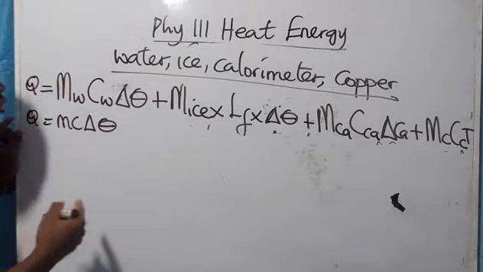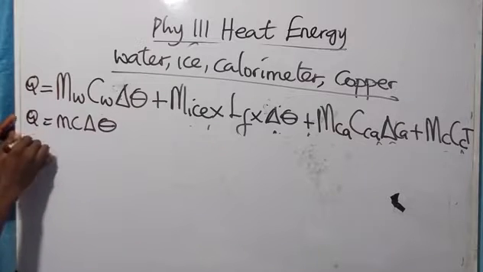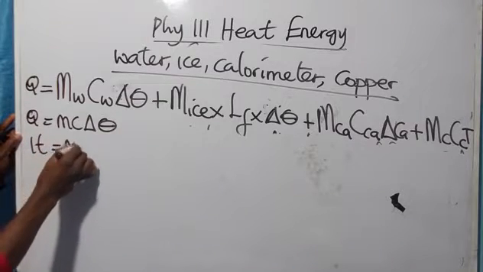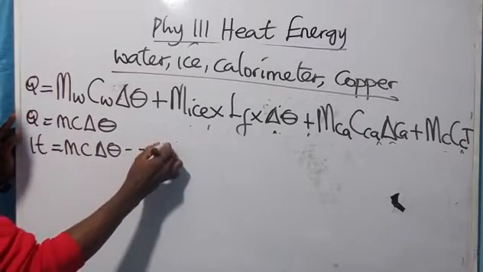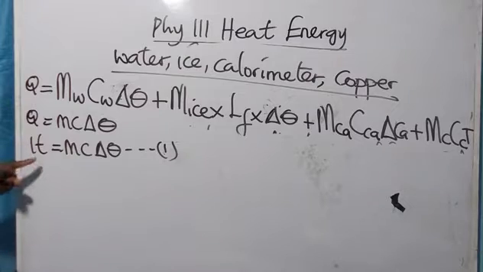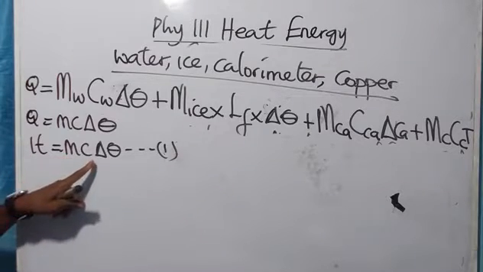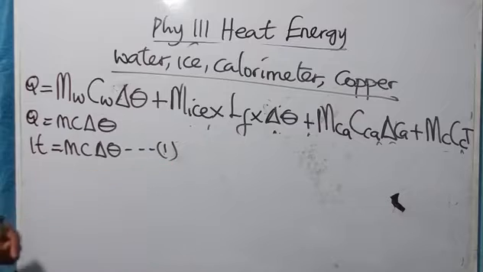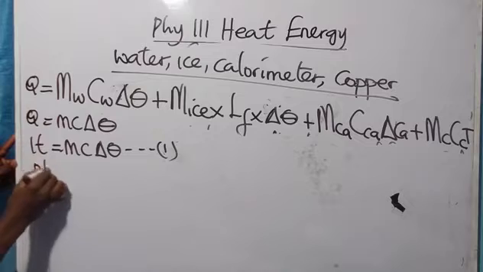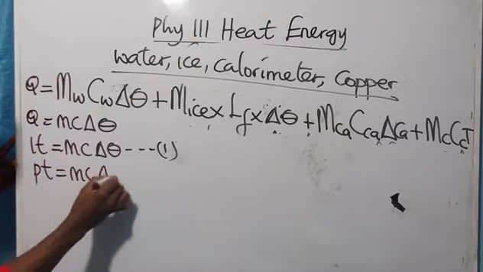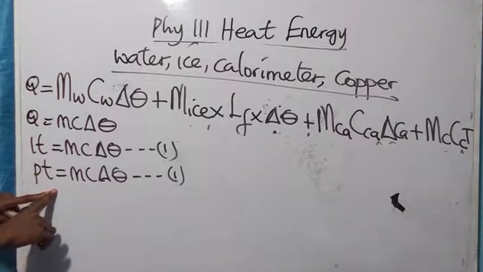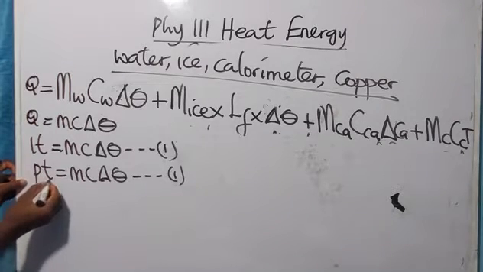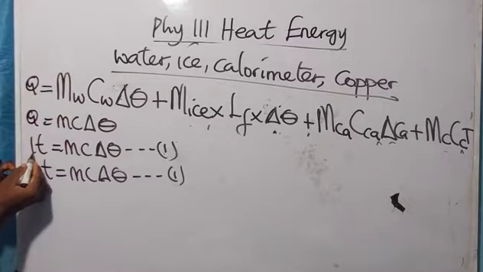Now, from electricity, you agree with me that Q is equal to IT. That becomes IT equals MC times temperature change, equation 1. You would also agree with me that PT equals MC times temperature change, from electrical power. P means power, T means time, and I means current.